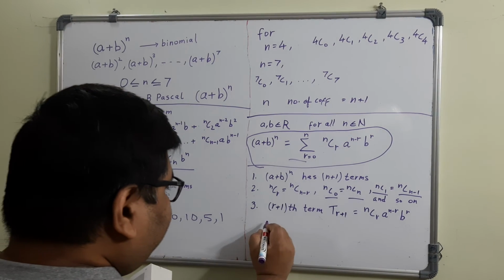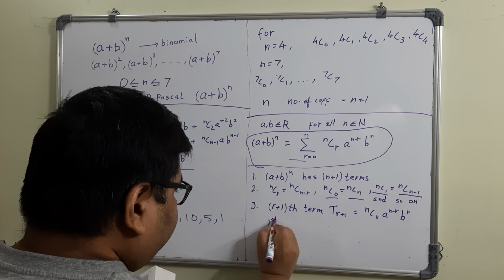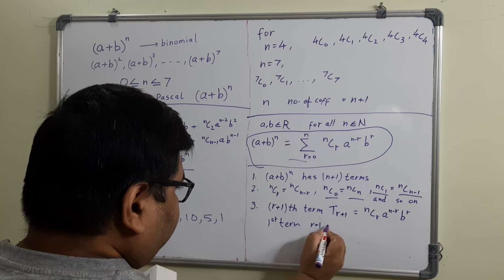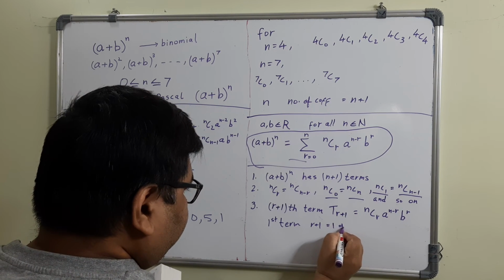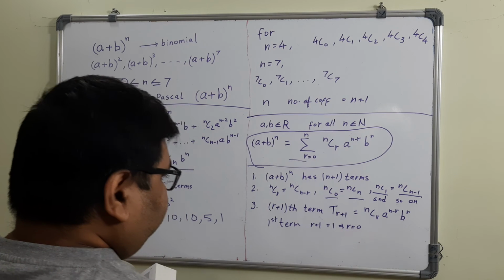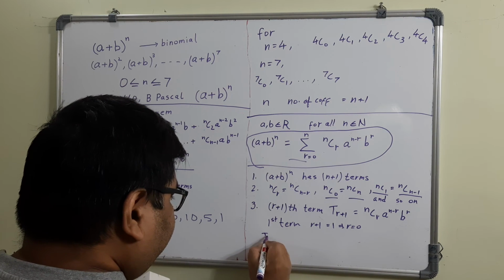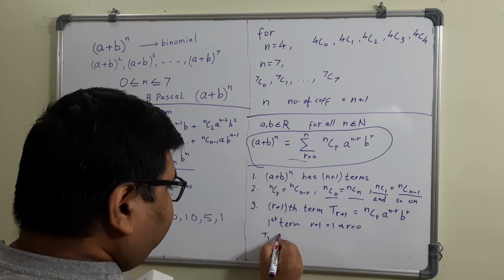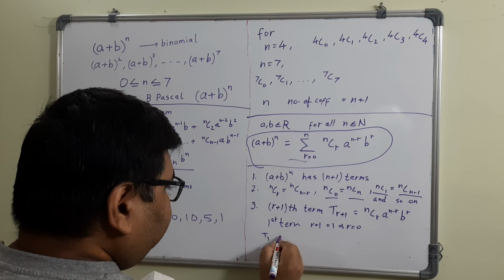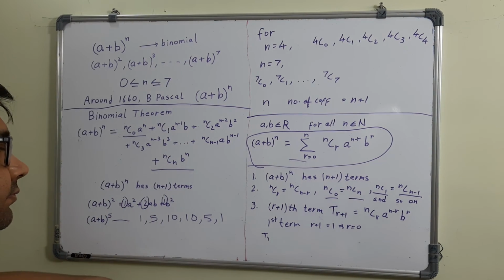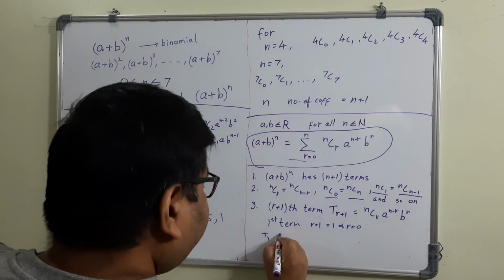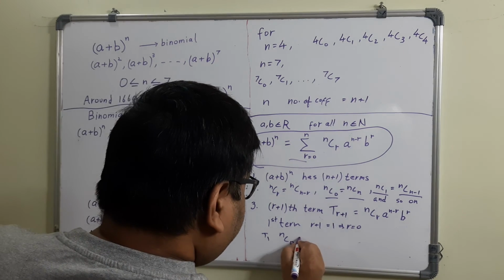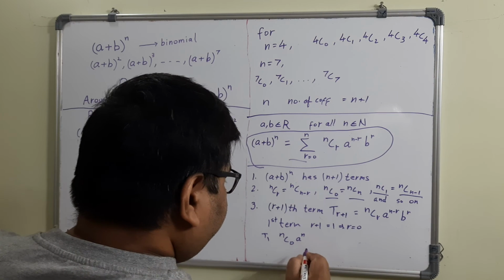So for the first term, r plus 1 equals 1 means r equals 0. So T1 will be nC0 a to the power n minus 0.